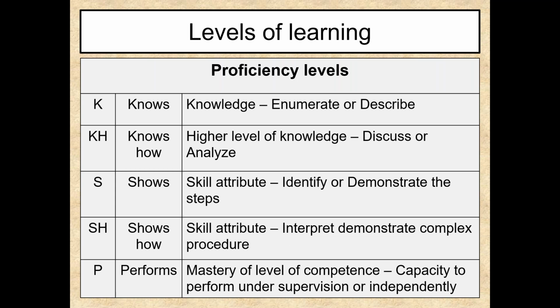So what that is demanding is that at the knows how or shows how level, there should be a gradual change from the traditional didactic classroom to a teaching learning environment.